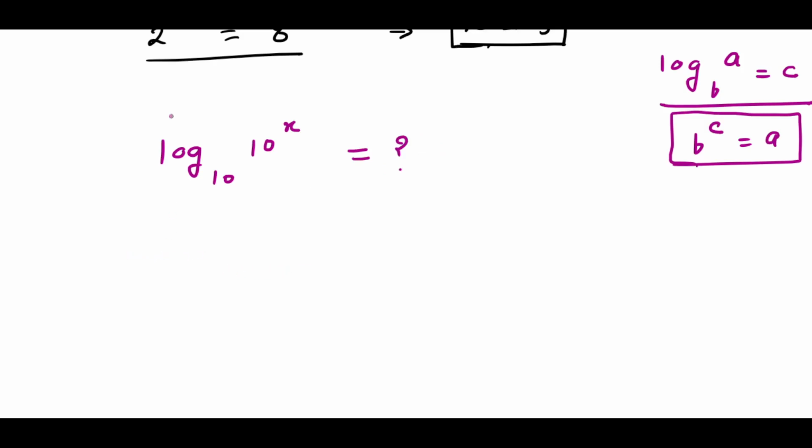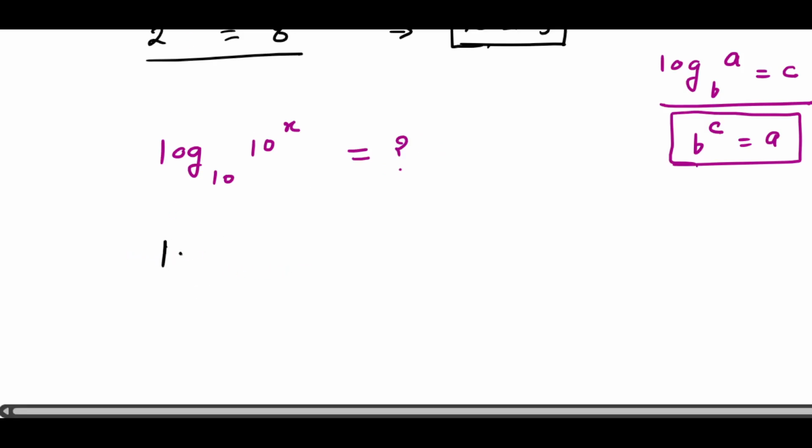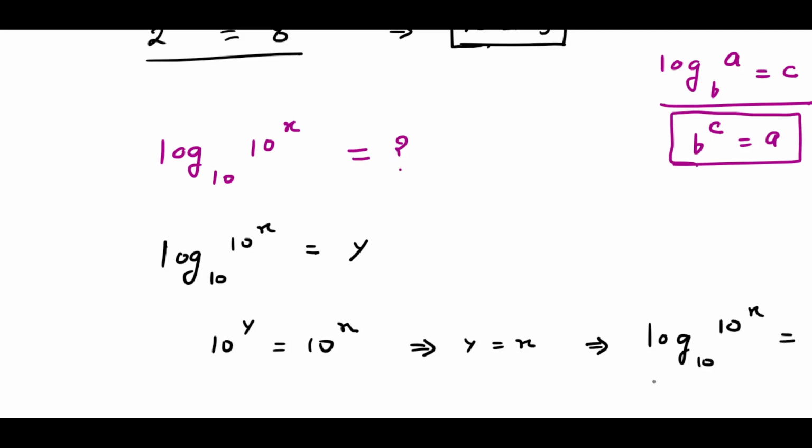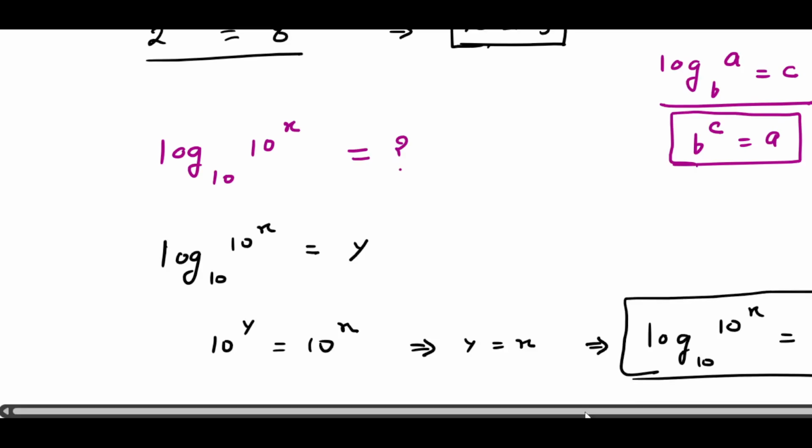So let us first assume that log of 10 power x to the base 10 is equal to, let us say, y. Then can I say that 10 power y is equal to 10 power x? And therefore, can I say that y is equal to x? And therefore, log 10 power x to the base 10 is equal to x only. Have you understood this result?